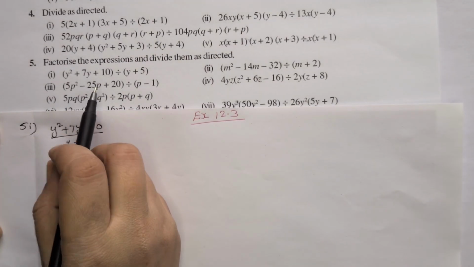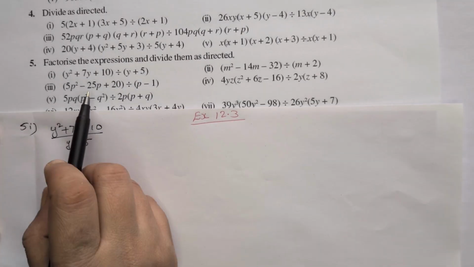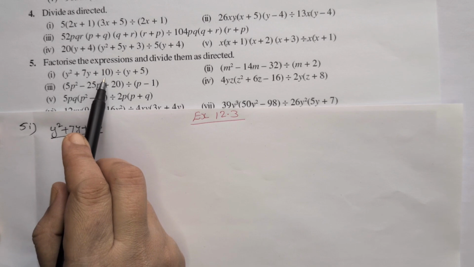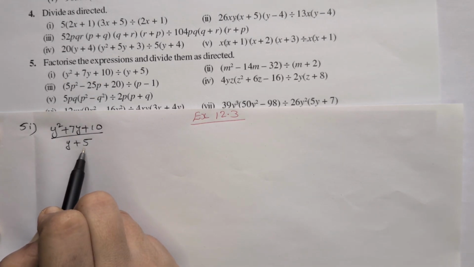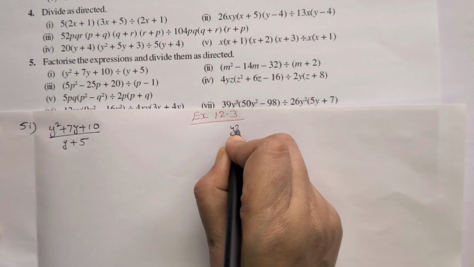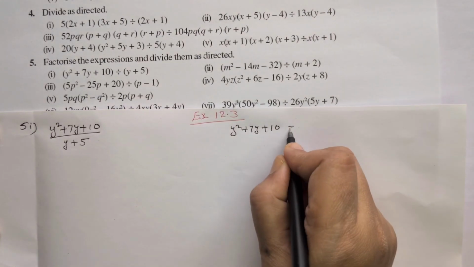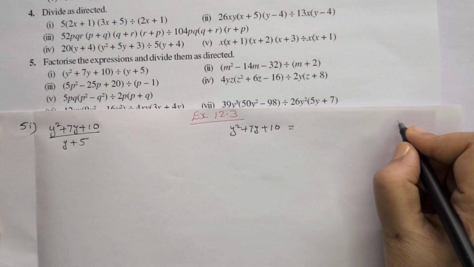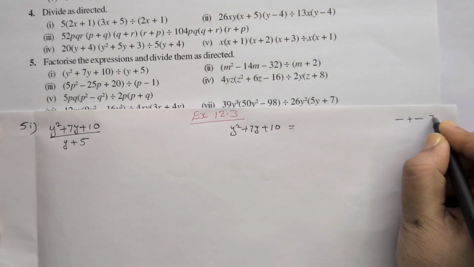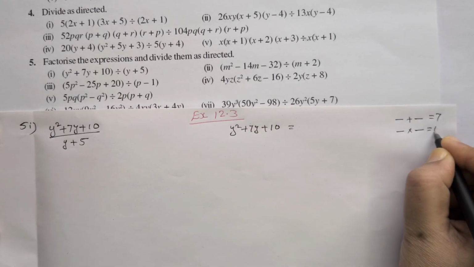Fifth question, factorize the expressions and divide them as directed. So first we have to factorize the expression. First question, y square plus 7y plus 10 divided by y plus 5. Here the expression is y square plus 7y plus 10. By splitting the middle term, we have to find two numbers such that the sum is 7 and the product is 10.